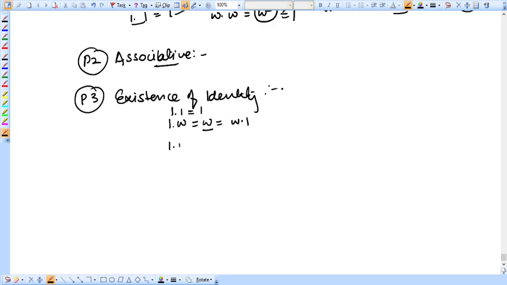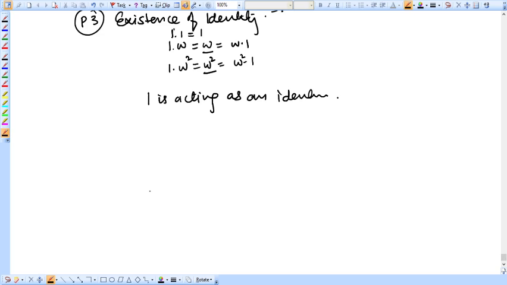Also 1 into omega square is equal to omega square, and omega square into 1 is equal to omega square again. So you can easily figure out that 1 is acting as an identity in this case. Therefore identity exists. Now come to the inverse part.